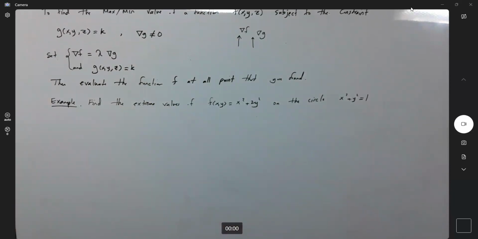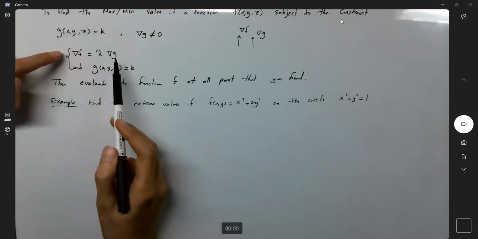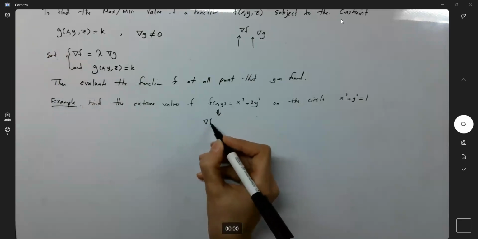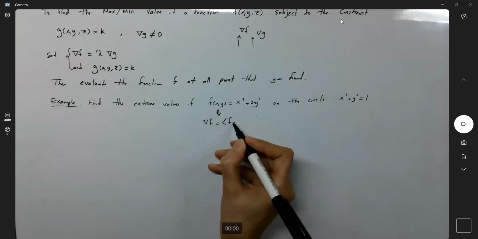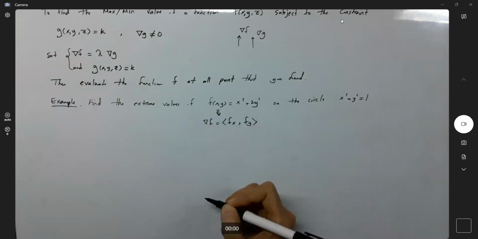In the very first step, we need to find the gradient of these two functions. So the Lagrange multipliers method says, hey, I need to find the gradient of f and the gradient of g. So this is my f. I can find the gradient of f this way. I need to find the partial derivative of f with respect to x, and the partial derivative of f with respect to y, right?